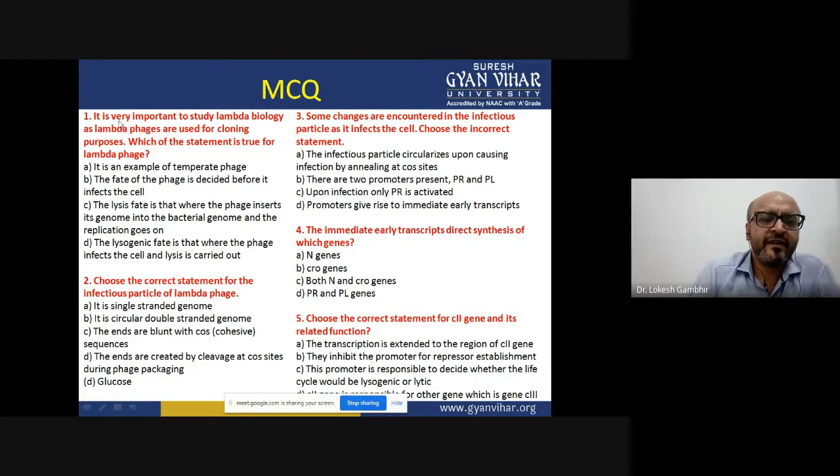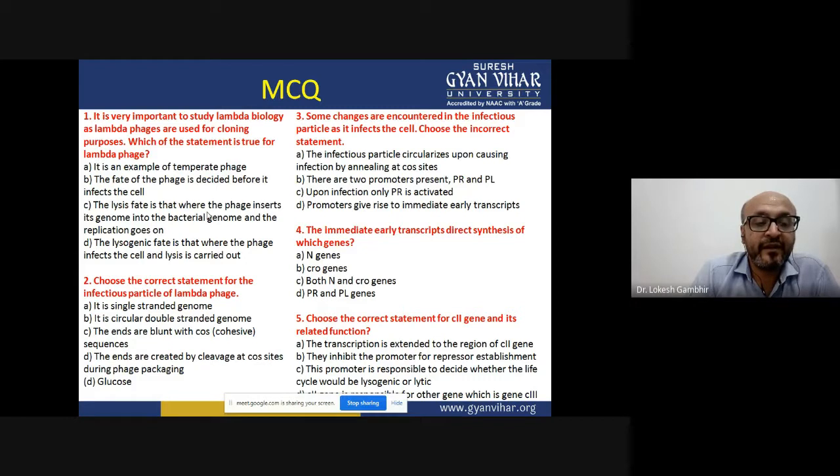It is very important to study lambda biology, as lambda phages are used for cloning purposes, as I told you in genetic engineering. Which statement is true for lambda phage? It's an example of a temperate phage. What are temperate phages? Temperate is another synonym of prophage. The fate of the phage is decided before it infects the cell. Before infection, is there any life cycle which it performs?